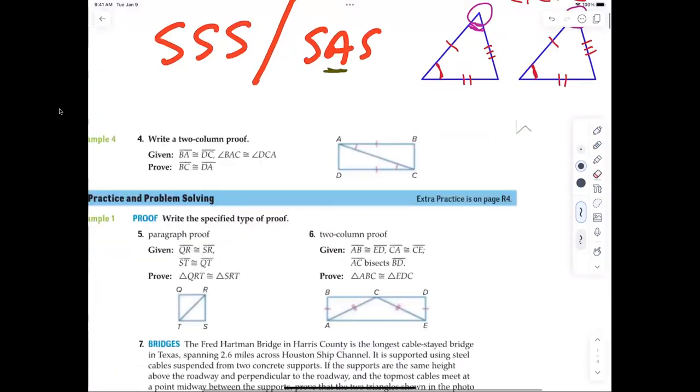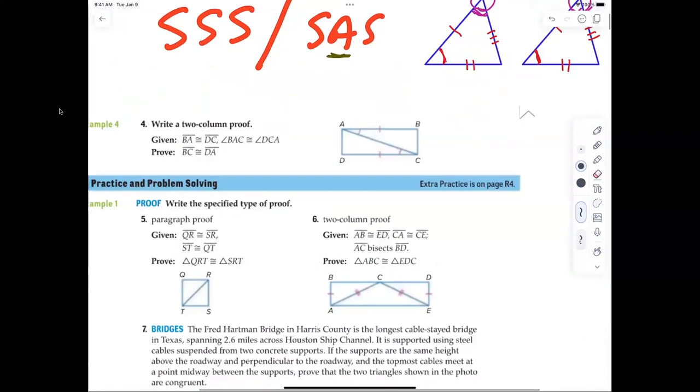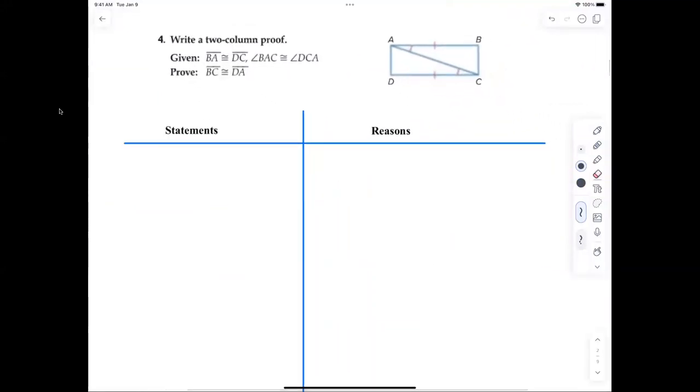All right. Everybody can write down question number 4. All right. Now, here we go. I have it right here. If you want to draw that figure real quick. And then we will try to prove that BC is congruent to DA.